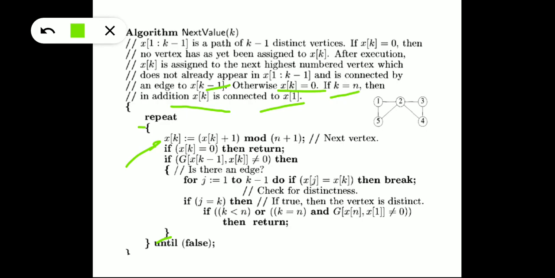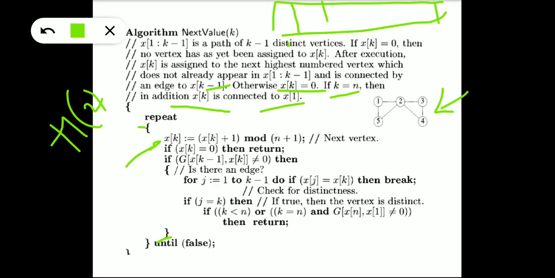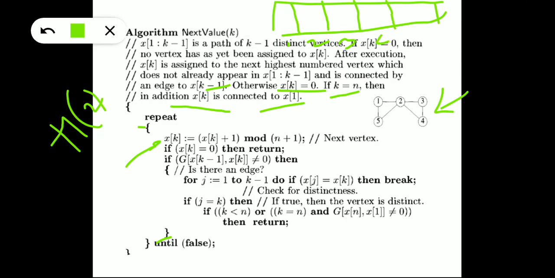So let us say we had made the call to Hamiltonian of 2. So here is our example graph. Let us say that this is our solution vector, which has first column, second, third, fourth and fifth column, as we have only 5 vertices in this given graph. So initially x of 1 we have already assumed to be the source vertex, that is we always consider the source vertex as 1, so we fix it to 1.